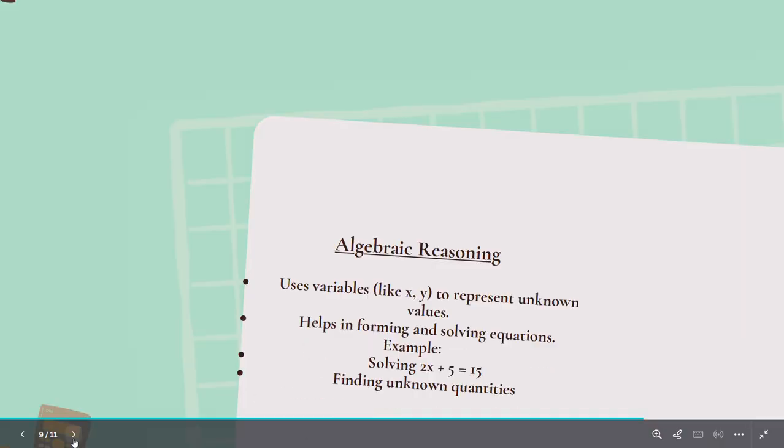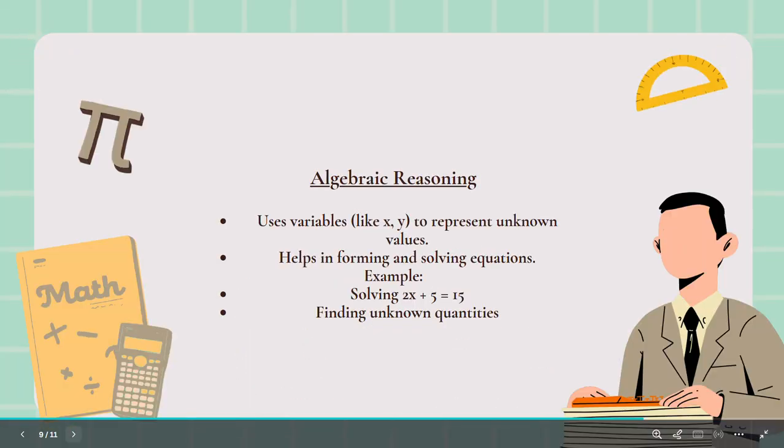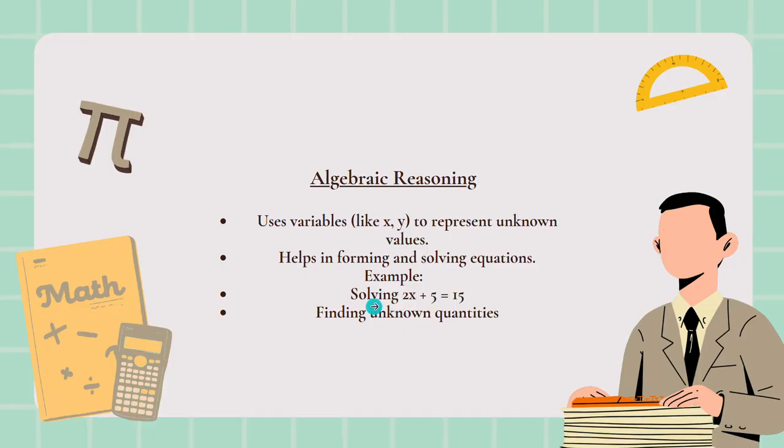So next and last we have algebraic reasoning. It uses variables like x and y to represent the unknown values. It's about x and y, the consonants, not your ex. Okay. It helps in forming and solving equations. For example, we have an equation here: 2x plus 5 is equal to 15.